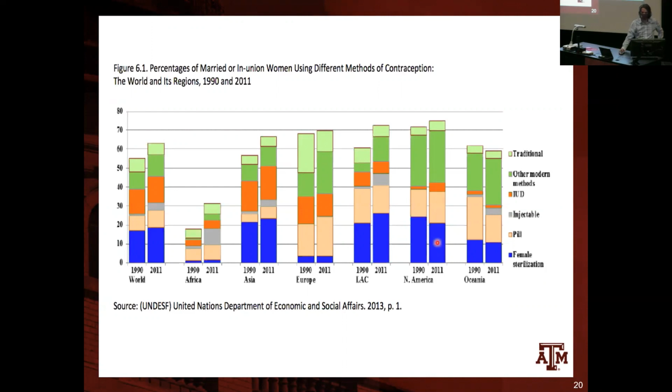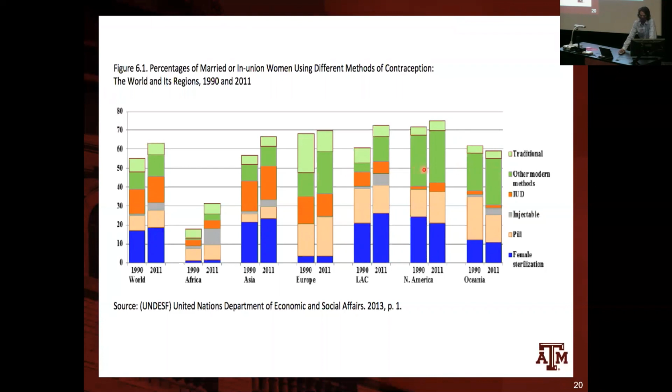But in North America, there's a higher percentage using female sterilization compared to Europe, and a smaller percentage using pills compared to Europe. But the overall percentage of women using other modern methods shows that they have a series of different options in those countries. The same thing for Oceania. So this is good.